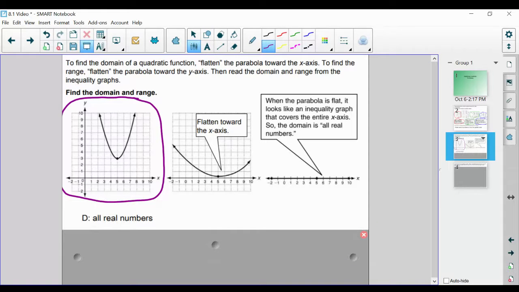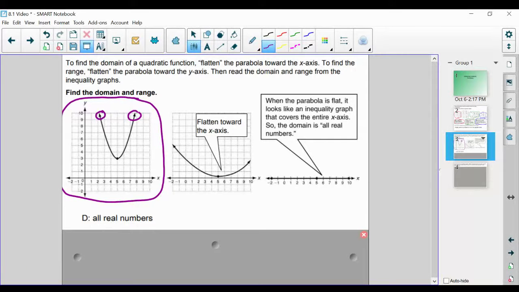The way that I find it is I look at the arrows. If we have arrows that are pointing up or possibly pointing down and seem to be going at an angle going outwards, then we can have any possible x value that we want to. So your domains, 99.9% of the time, are going to be all real numbers. If it's a true quadratic, it's going to be all real numbers.